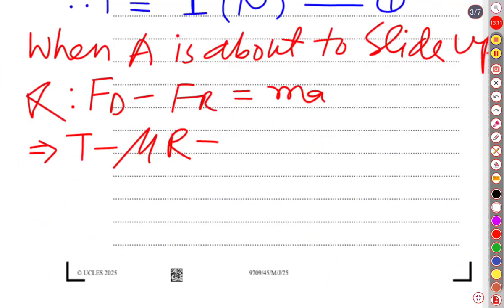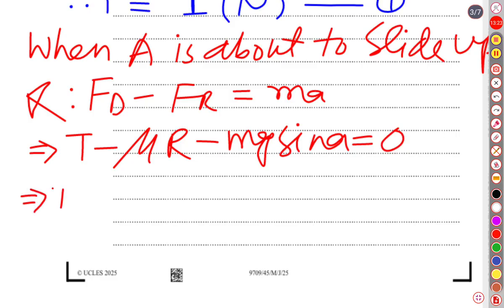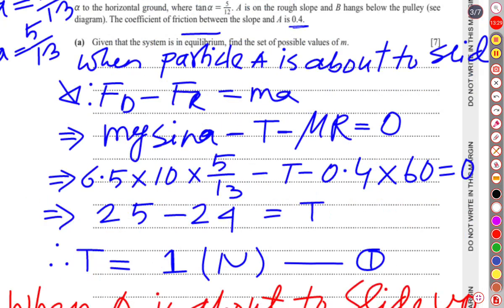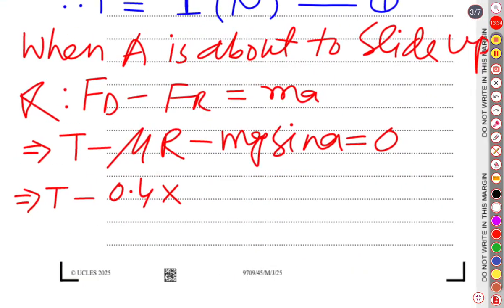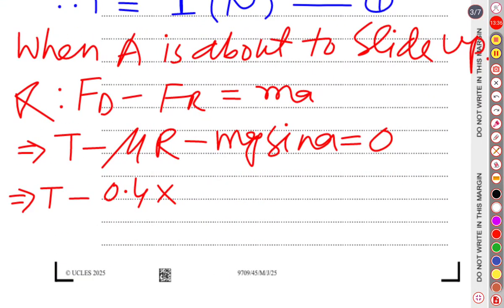So weight is mg sin alpha, equal to mass into acceleration, which is 0 because there is no acceleration at all. Well, then T minus, our μ was 0.4, and we have already used our normal reaction force, which is 60 Newton. So let us write 0.4 into 60.